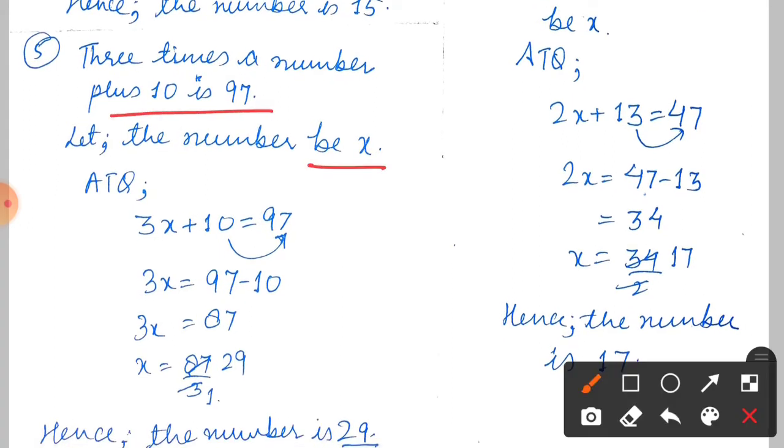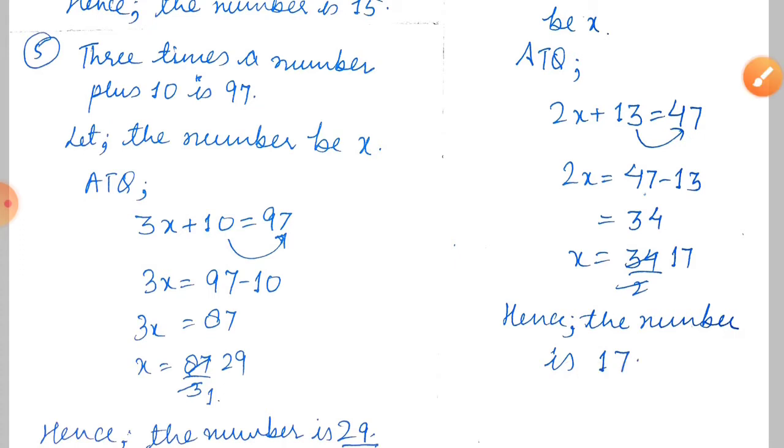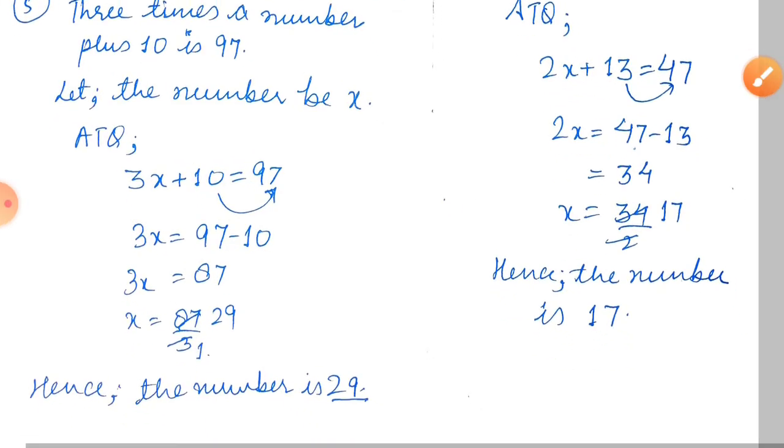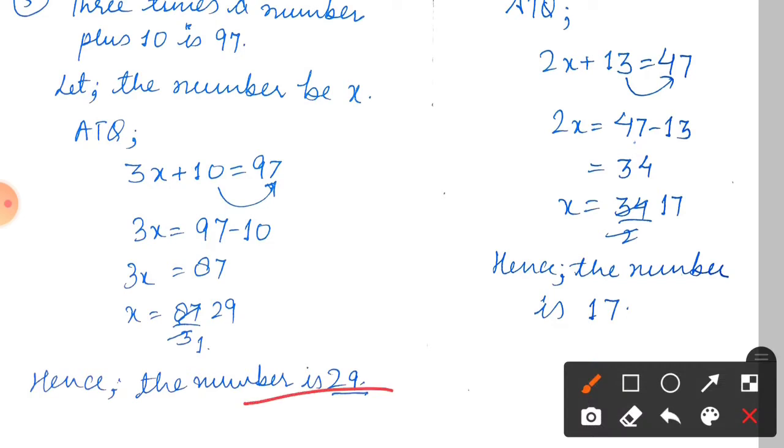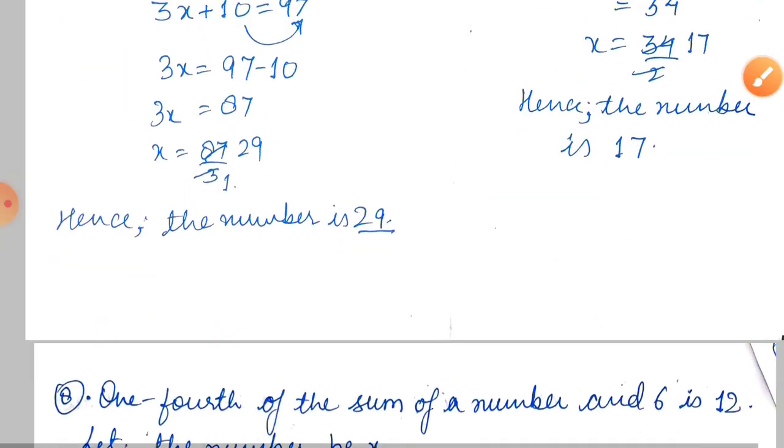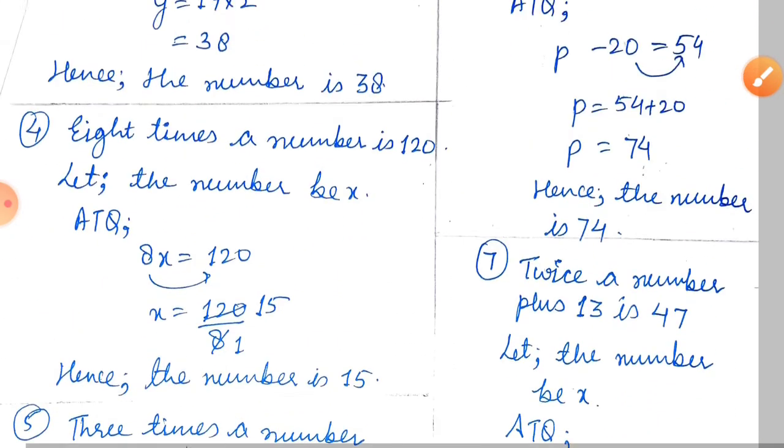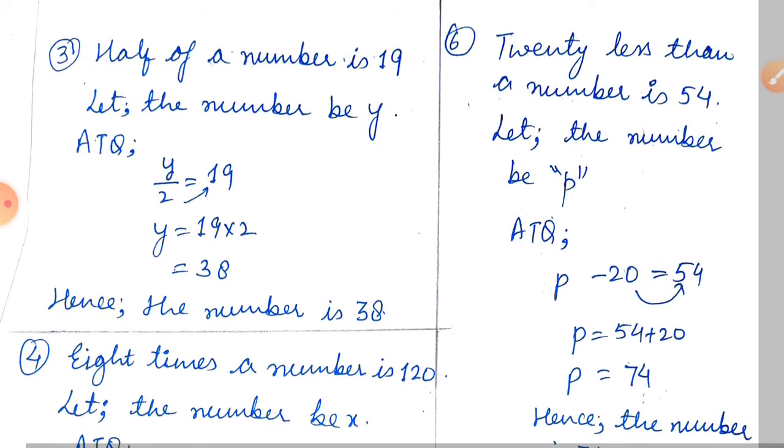So let the number be x. 3 times a number means 3 into x, plus 10 means add 10, that is equal to 97. Once you frame the equations correctly, it is very easy to solve and get the solution. Hence, after applying the method of transposition, the number is 29.